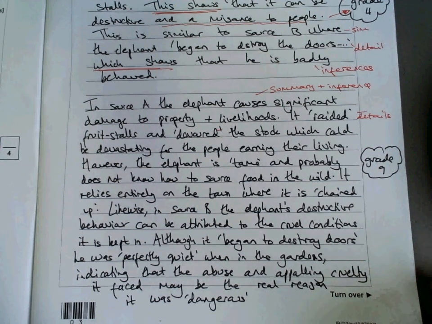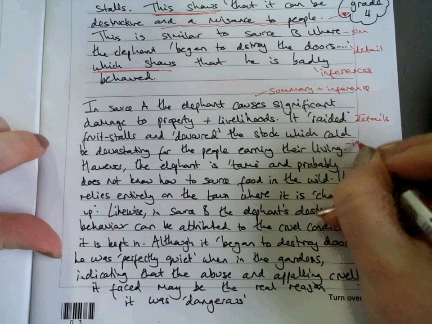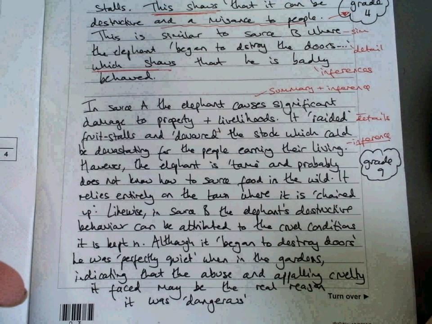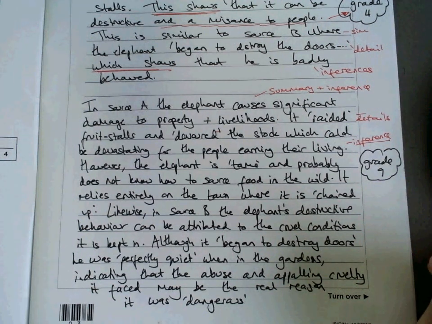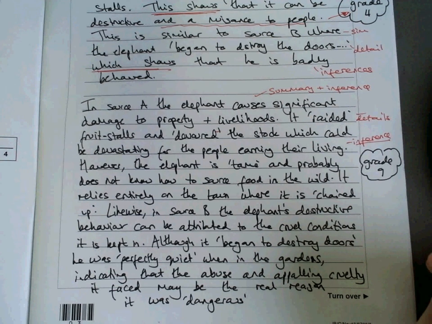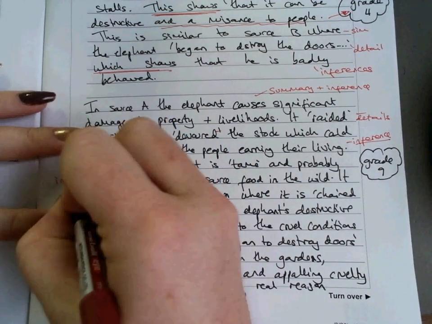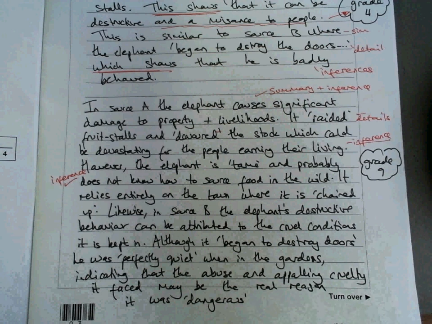It raided the fruit stalls and devoured the stock, which could be devastating for the people earning their living. So I've read more between the lines than just saying it's destructive. I've thought about how it could be totally destroying people's livelihoods. However, the elephant is tame and probably does not know how to source food in the wild. So we've got more inference here, and there's a higher level of sophistication to this inference.